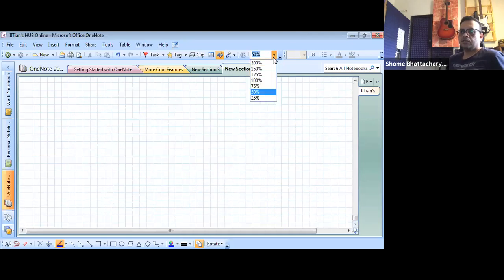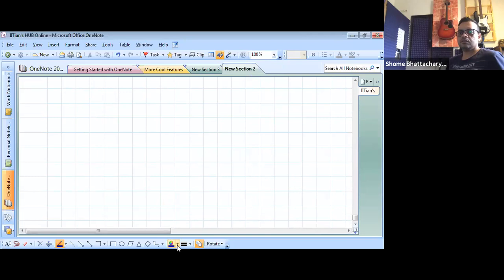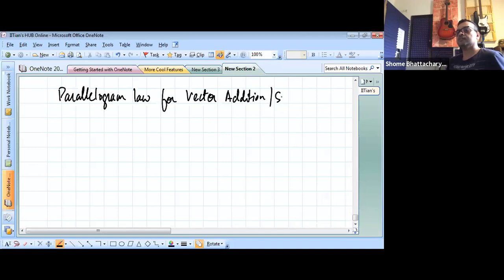Now next, in similar kind of analysis, we will see something called the parallelogram law of vectors for vector addition and subtraction.